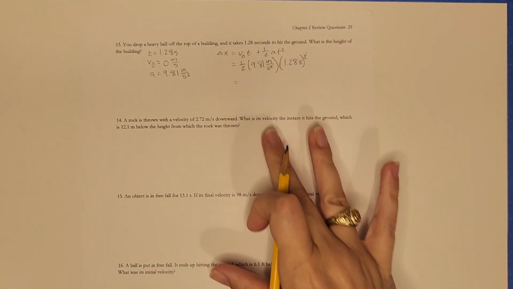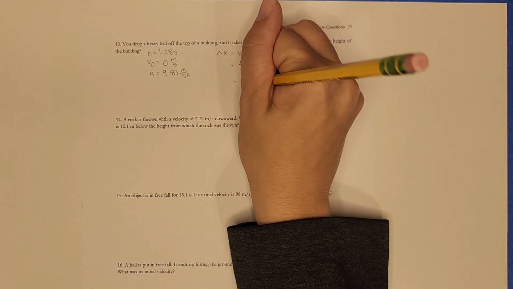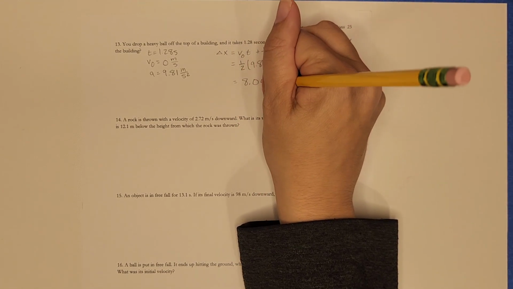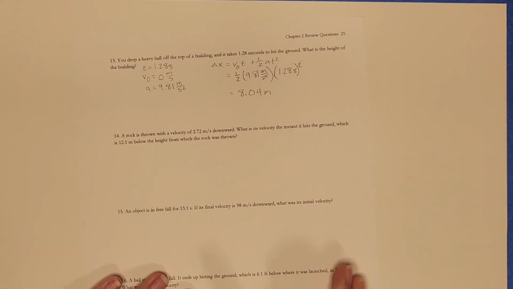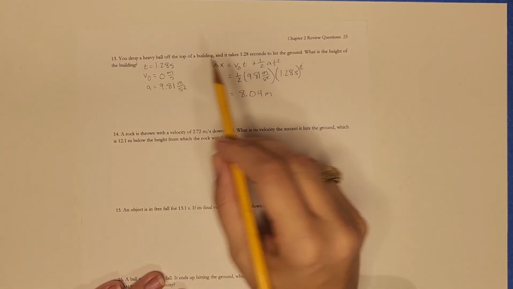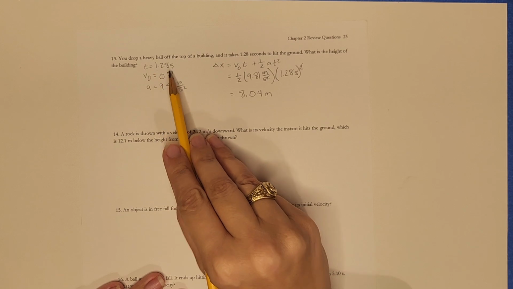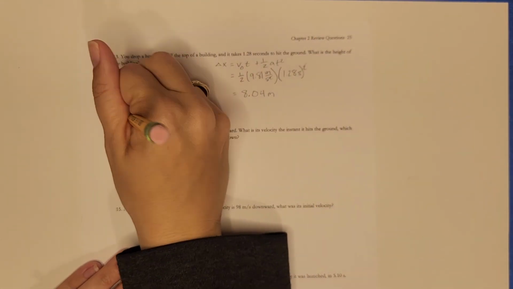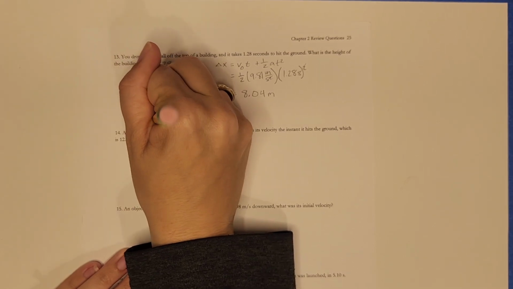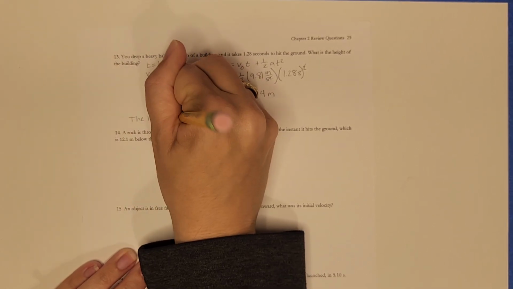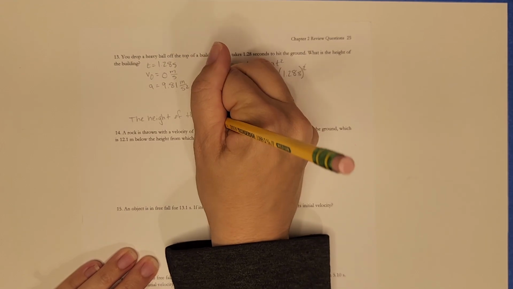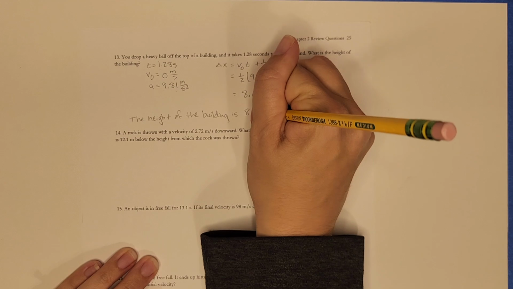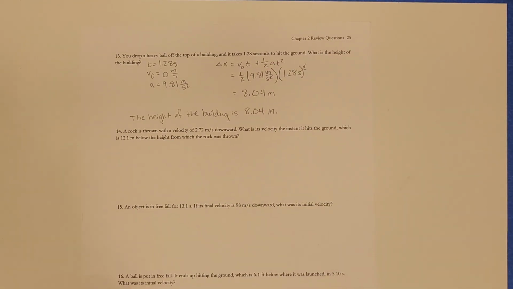So once we do all that in our calculator, we have 8.04 meters. We have 3 significant figures coming from both of these, and 3 significant figures in our answer. So the height of the building is 8.04 meters.